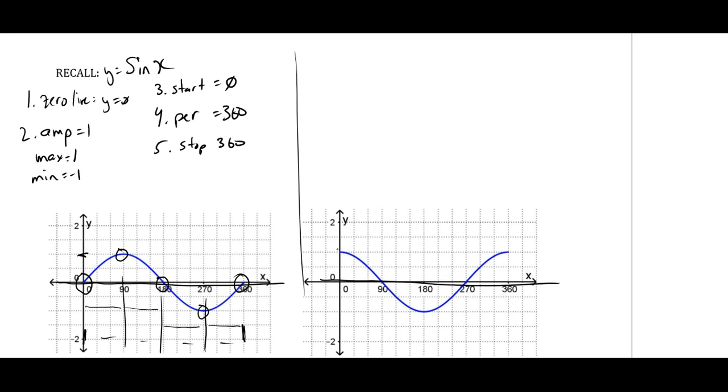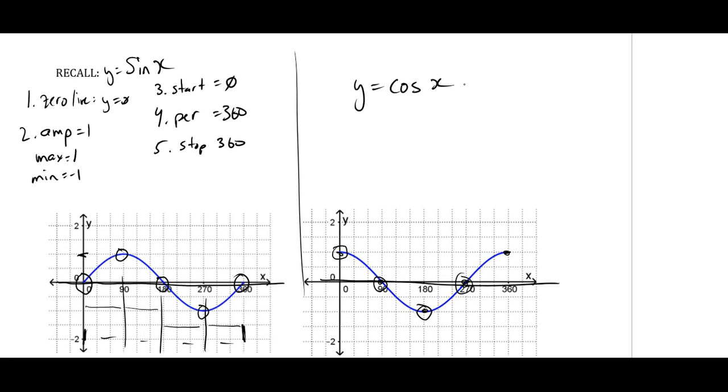Okay, and so then cosine starts at the maximum, passes through the 0 line, third point, so point number 1, point number 2, point number 3 is at the minimum, point number 4 is on the 0 line, point number 5 is at the maximum. So this one is y equals cosine of x.